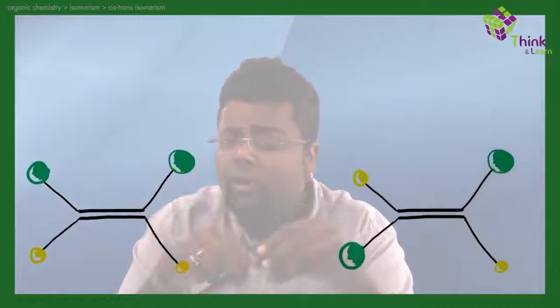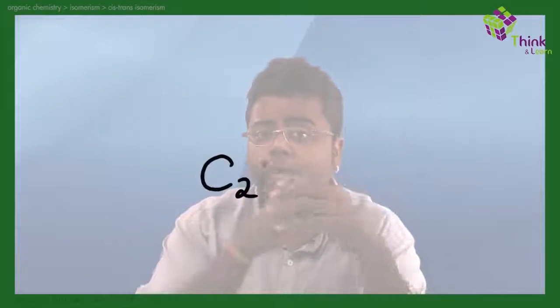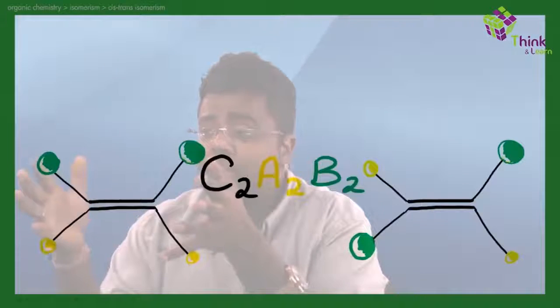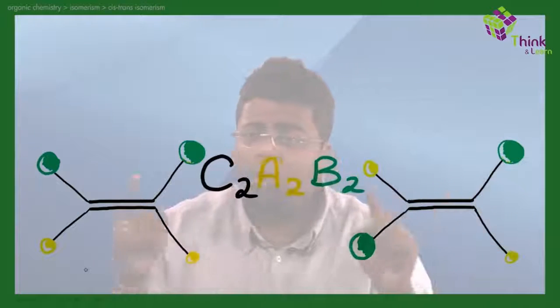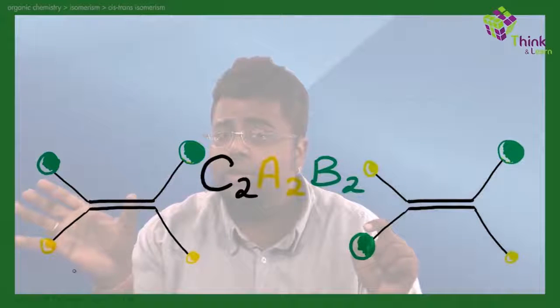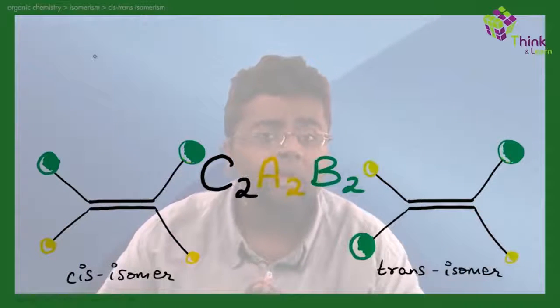Now, if I talk about a molecule such as C2A2B2, in space I can arrange it like this or like this. Out of the two, this particular spatial arrangement is called cis and this is called trans.